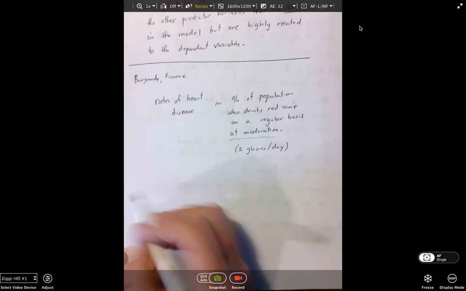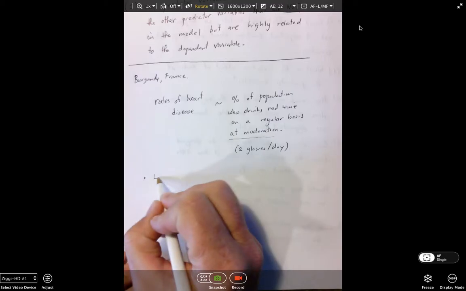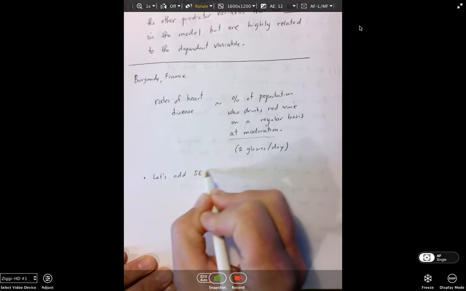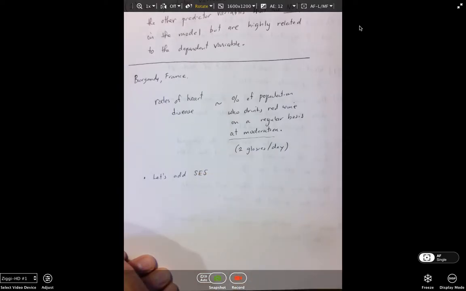Now, let's add into this model socioeconomic status.